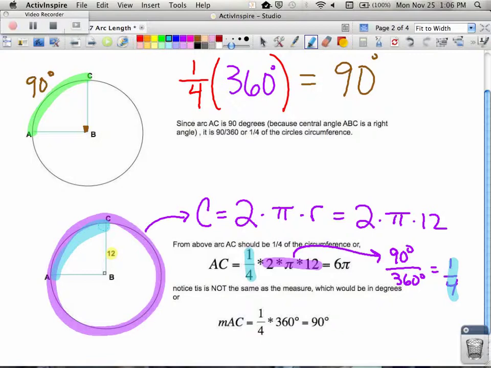So first I'll find the whole distance around the circle, the circumference, that's in the purple, and then if I only want a part of that circumference, I will multiply by the ratio that gives me the part of the circle that I'm talking about. In this case, that ratio is 1/4 because I have 90 degrees out of the total of 360. Let's take a look at another example.